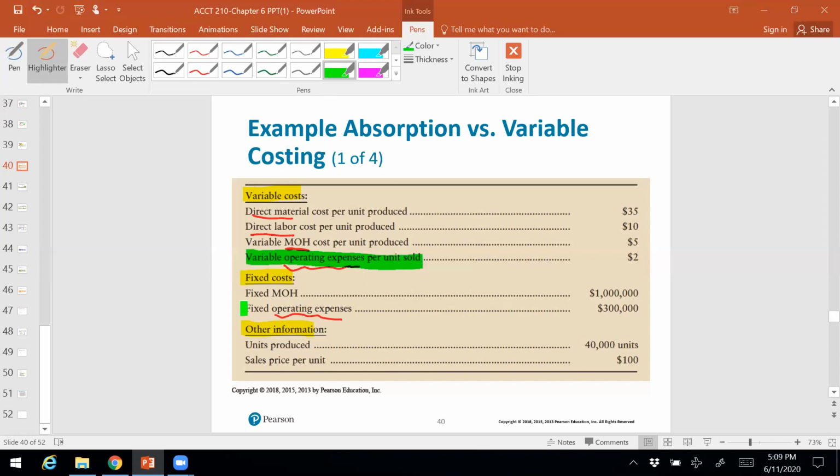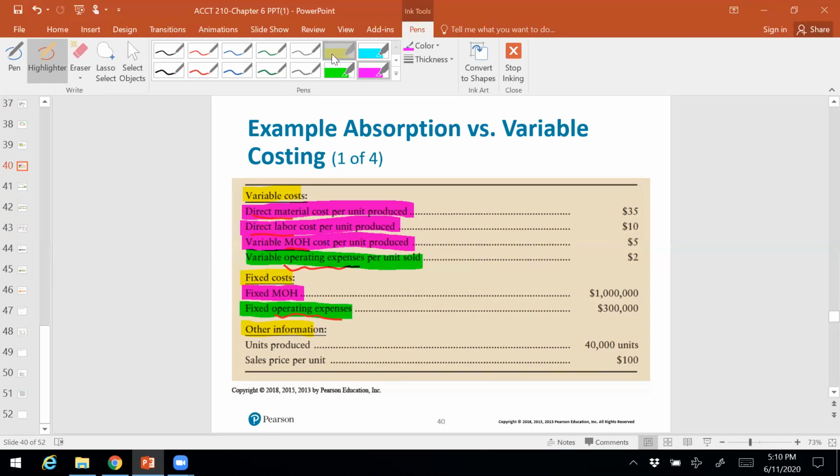I use this pink as the product, just the manufacturing. I'll highlight it. So you can say you have a variable, but variable has manufacturing and non-manufacturing. You have fixed manufacturing and fixed non-manufacturing.